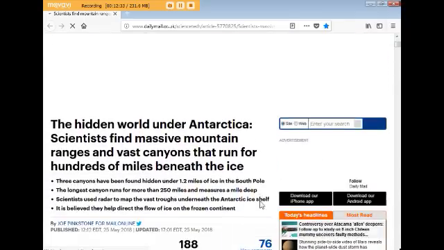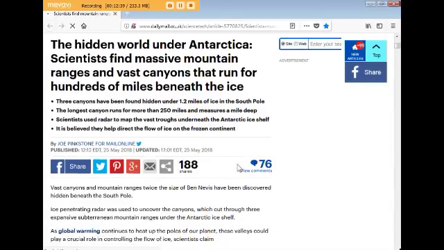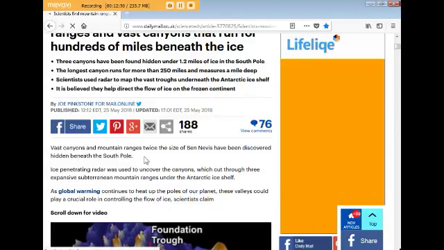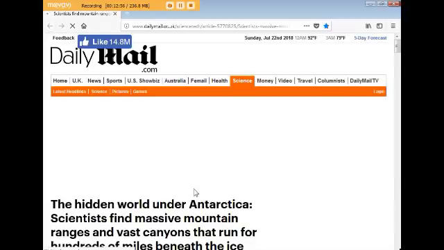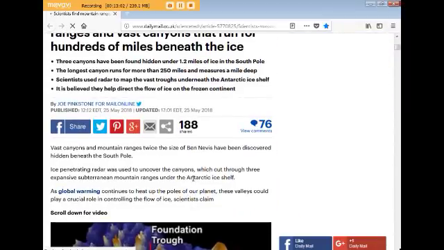Oh, it would crash. This scientist from the UK went with a team down to the Antarctic, and they figured out a way to image things underneath the ice, and they found vast canyons and mountain ranges twice the size of Ben Nevis hidden beneath the South Pole.